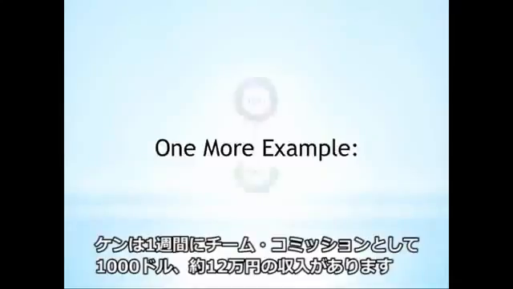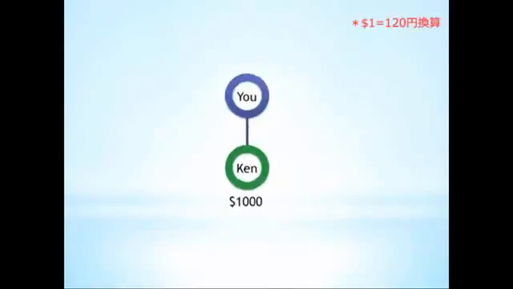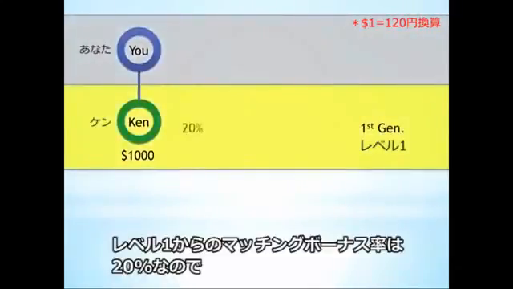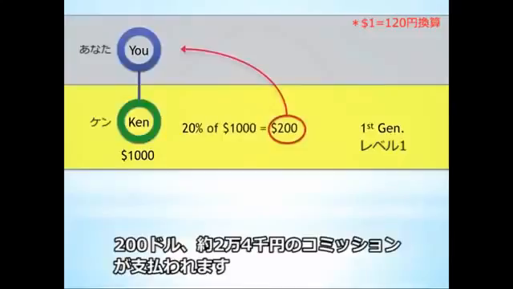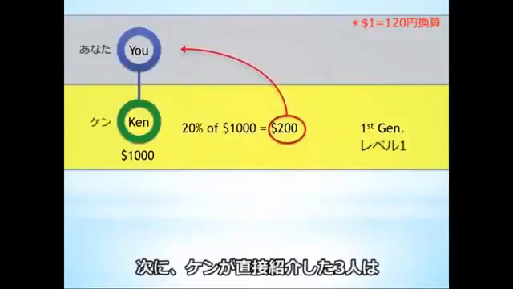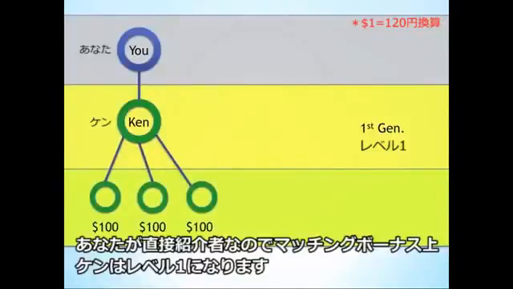Let's say that Ken creates an income of $1,000 per week from the cycles that are generated by his team. Because the matching bonus on your first generation is 20%, the computer would add an additional $200 to your check. Now, let's also assume that Ken has enrolled 3 people who are each earning $100 a week from their individual groups. Since you enrolled Ken, he's on your first generation.